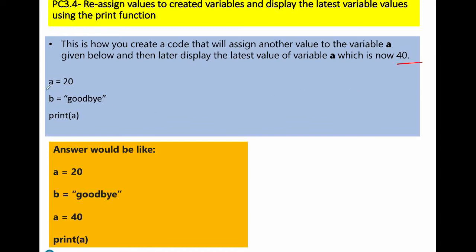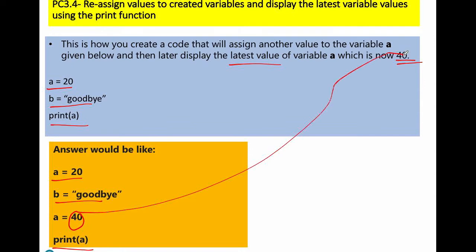In order for us to do this, we have been given the variables, but to change to the latest value, which is now 40, we add all the given code as above, but we add in between 40 as our new value in variable a. Then we can print out a, which will give us 40 as the output.